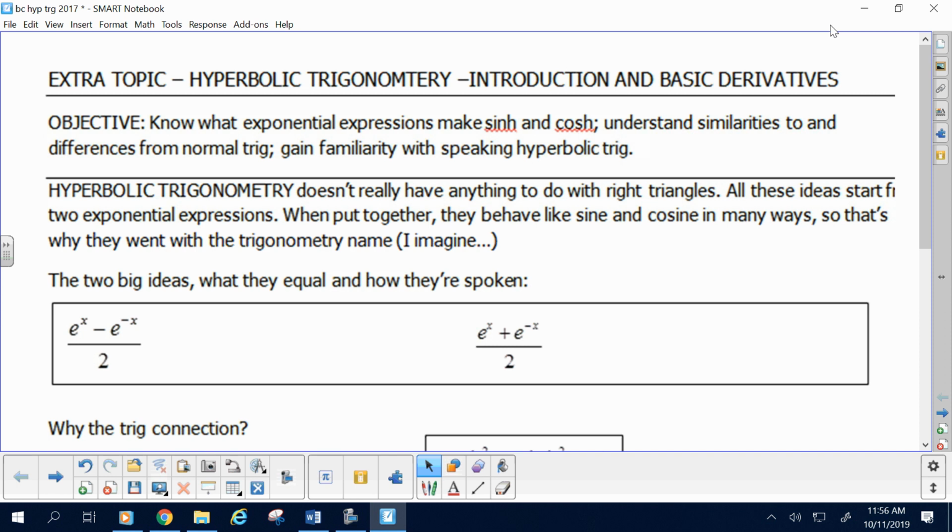Okay, so hyperbolic trigonometry is something that you need to know before you go to college. If you're going to be a math or science person, generally college level math classes require you to know hyperbolic trig. It's kind of useful in real life, especially in some physics and engineering problems.